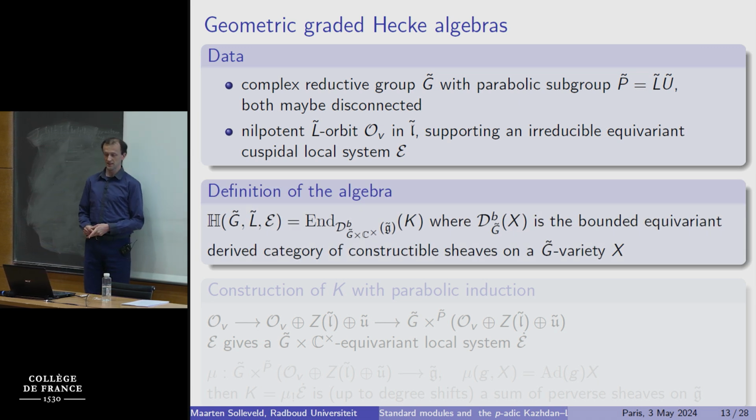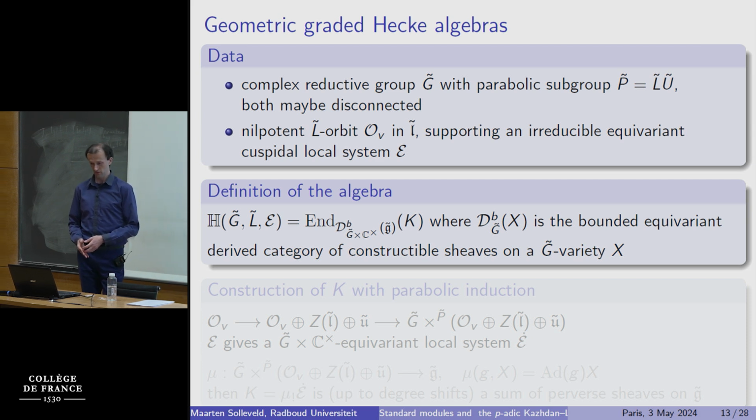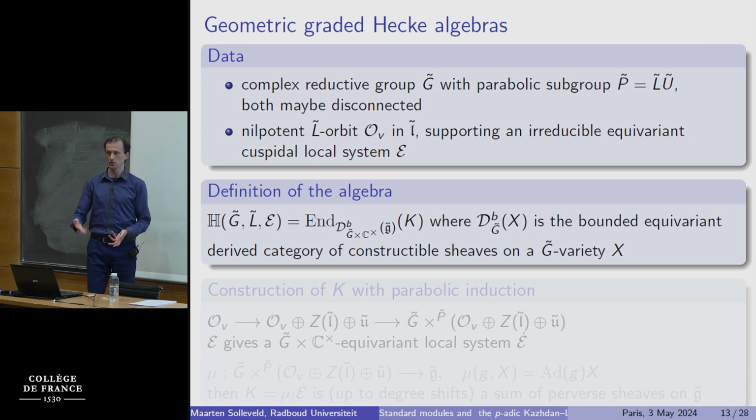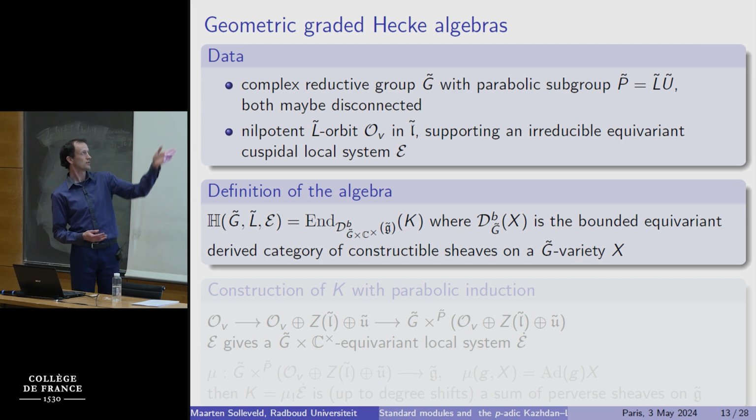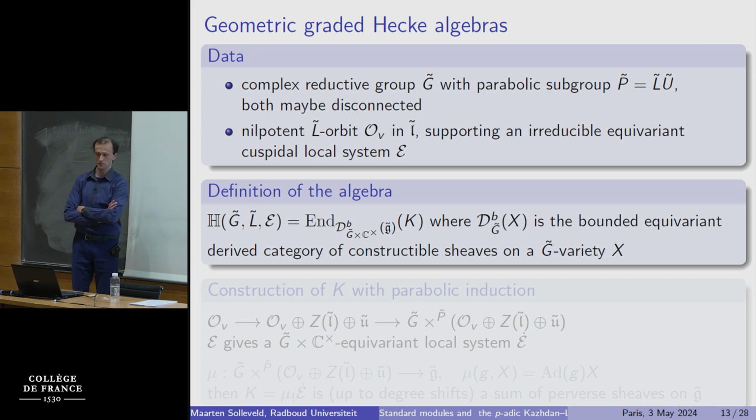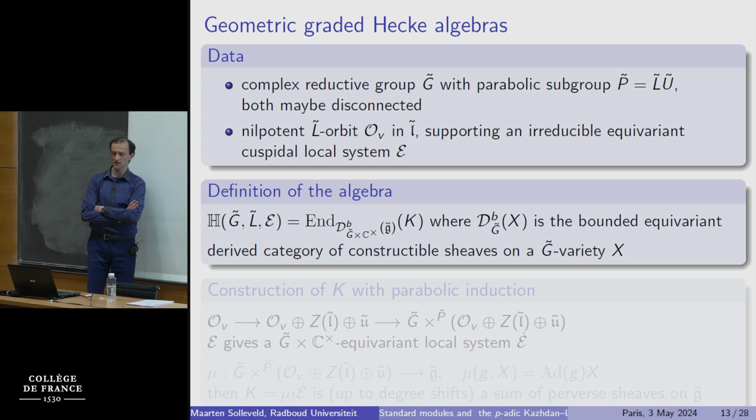And this algebra is then obtained as follows. First you need to produce a certain thing called K, which is a direct sum of perverse sheaves living on the Lie algebra of G, where there will be an action of this group G, or well, I call it G tilde, and there's also an action of a group C cross by scalar multiplication, or maybe the square of scalar multiplication.